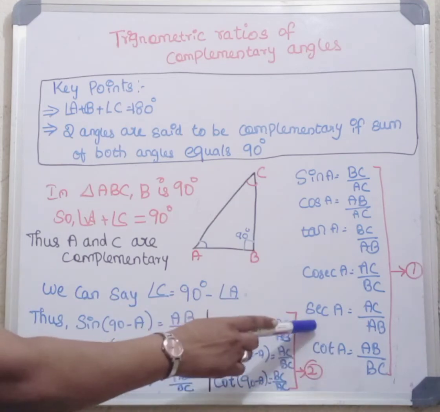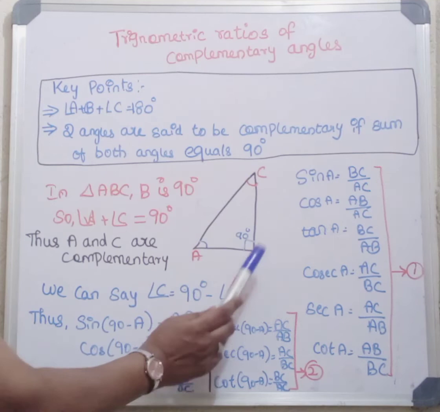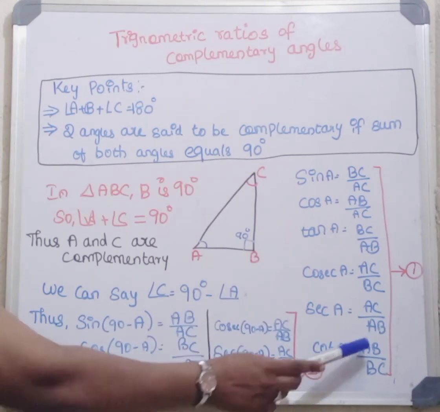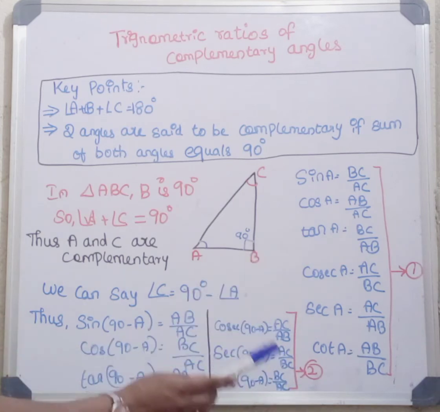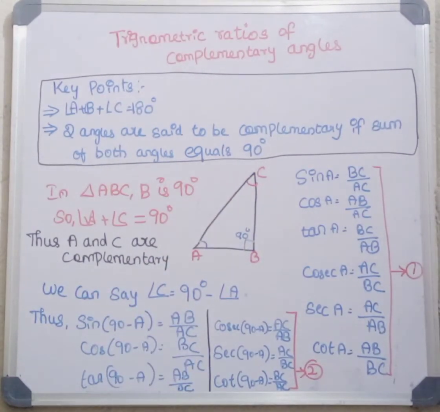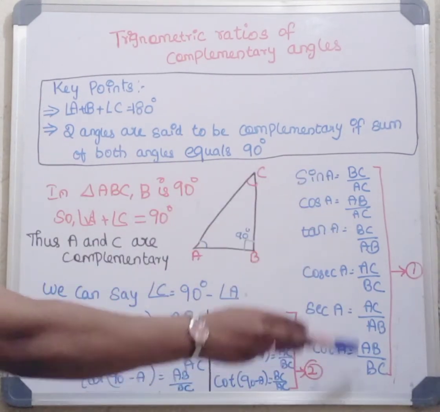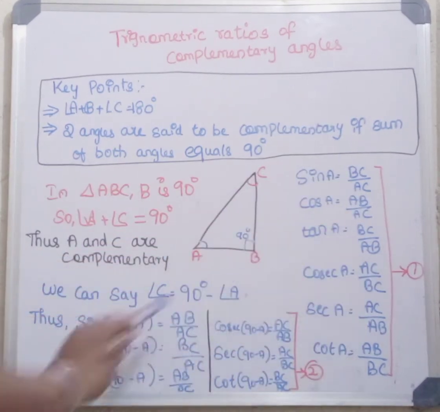Secant is hypotenuse by adjacent, AC by AB. And cot A is the reciprocal of tan, or adjacent by opposite, AB by BC. These are all the first set; we can give the equation number 1 for these terms.